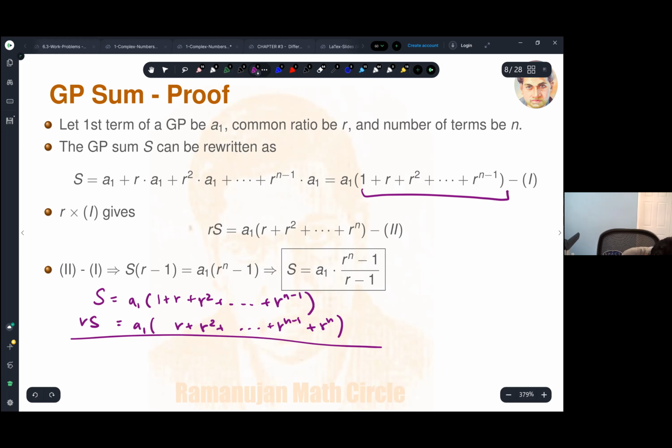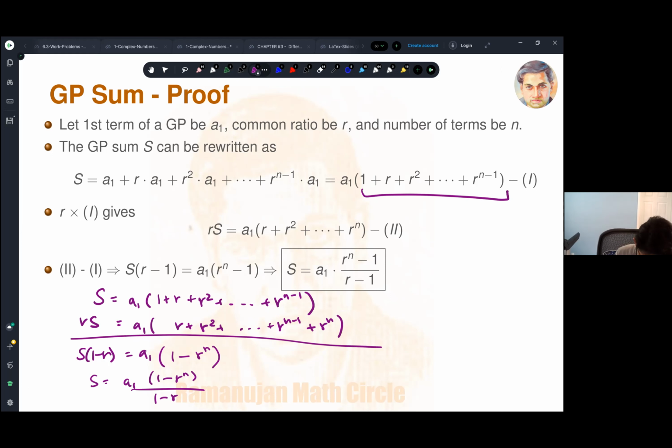So now what you do is subtract, so it's s times (1 minus r), and that's equal to a1 times (1 minus r^n), and s is equal to, as a result, a1 times (1 minus r^n) over (1 minus r). And that basically is how you go about it.